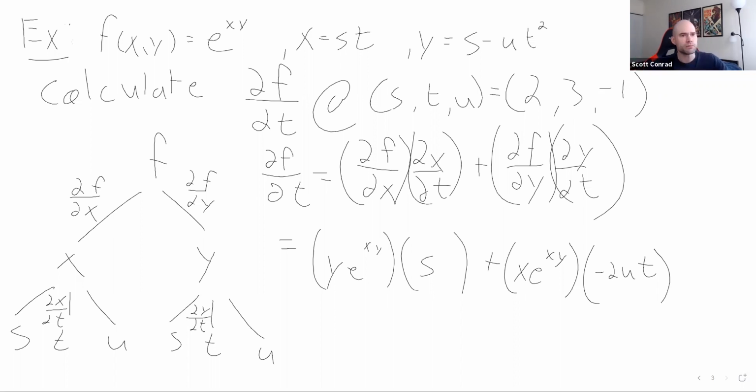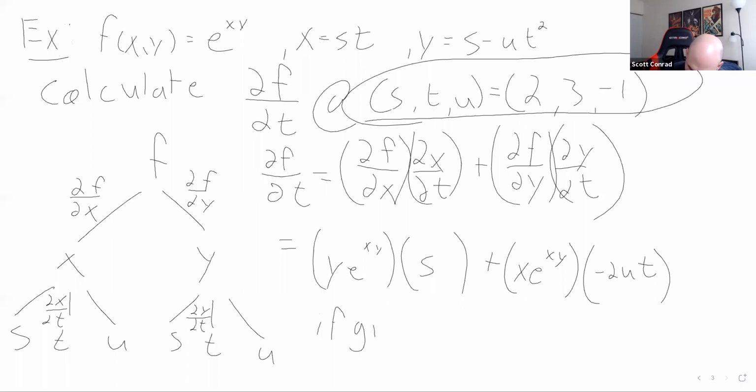So we wrote down the general form for the partial of f with respect to t, but we're given a specific point. I want to emphasize that if you're given a point to evaluate your derivative, you need to, at the end, get a number.